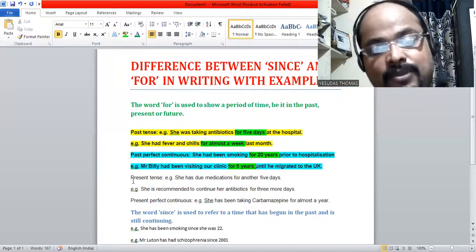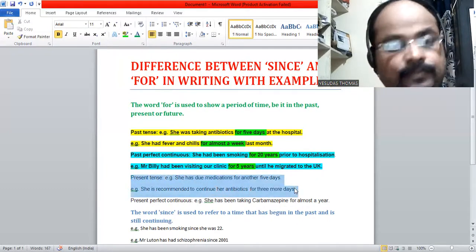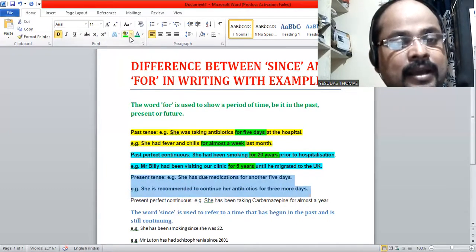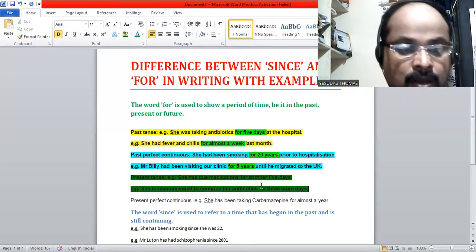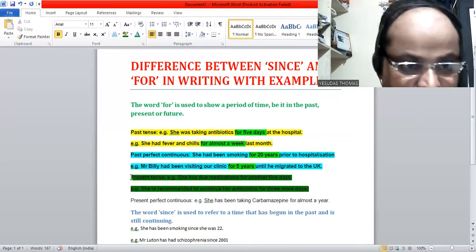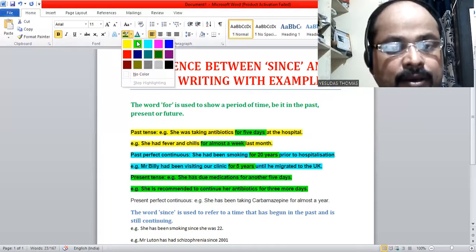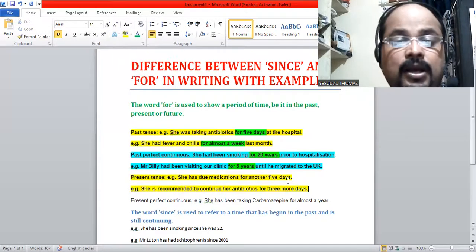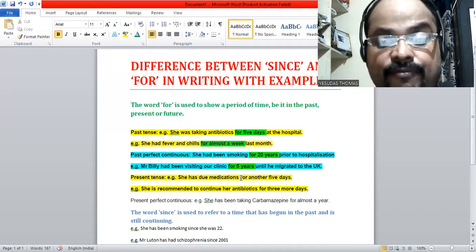Now let's go ahead with the present tense. Yes, let's see that. I can highlight. She has due medications for another 5 days. I make it a little bit more visible so that you can see. She has due medications for another 5 days.